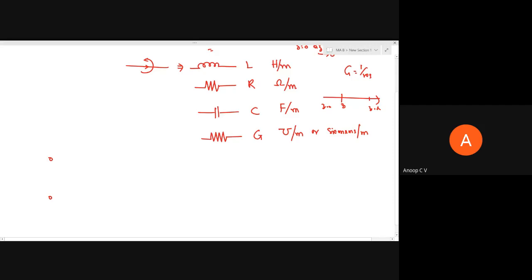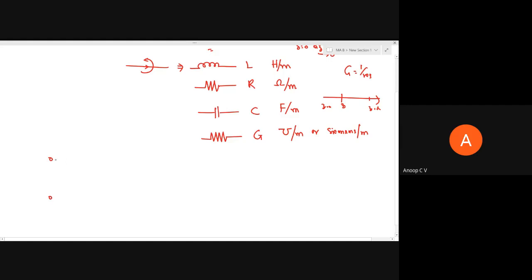Unless otherwise specified, when I say Z, that is the distance from the source point, Z equal to 0. But later on, when we are discussing reflection coefficient and so on, we'll start considering distance from the load end. For this first part, you assume the distance Z is the distance from the source end.